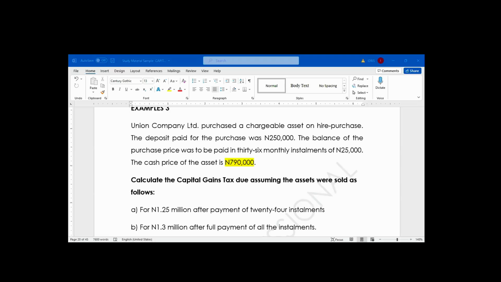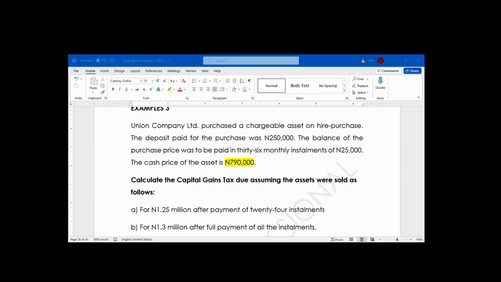Like I said, if the installment period is more than 18 months, the capital gain tax is going to be paid based on the number of installments. Assuming the buyer wants to pay the installments for 3 years, you, the seller, if you want to pay the capital gain tax, you pay it for 3 years. You will not pay the capital gain tax at once. Let's go and look at that example.